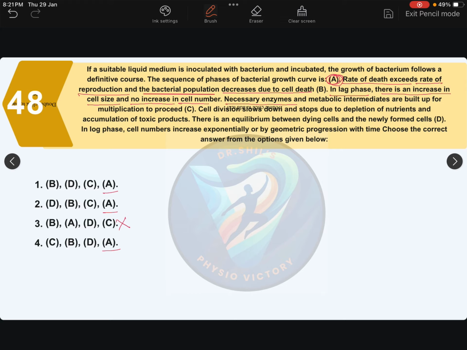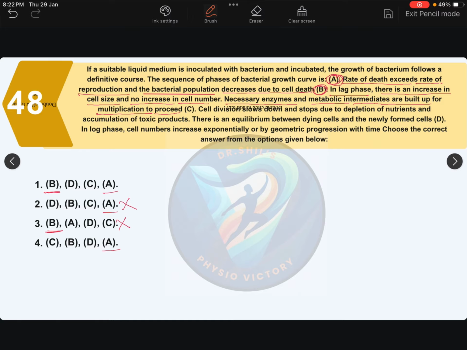Necessary enzymes and metabolic intermediates are built up for multiplication to proceed. So ये जो लैग फेज होता है ये सबसे पहले आता है. तो बी किस में पहले है, इसमें भी पहले है और इसमें भी पहले है, तो ये भी रूल्ड आउट हो गया. ठीक है. उसके बाद सी ऑप्शन देखेंगे.